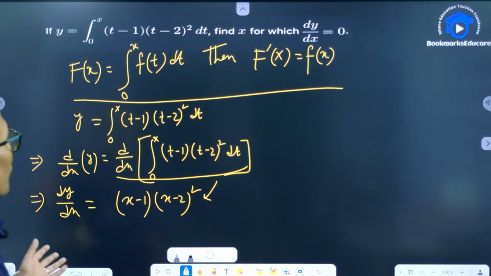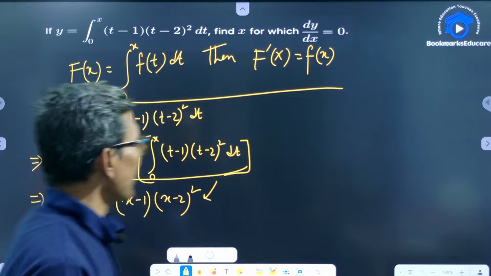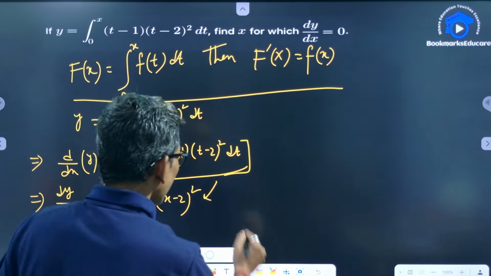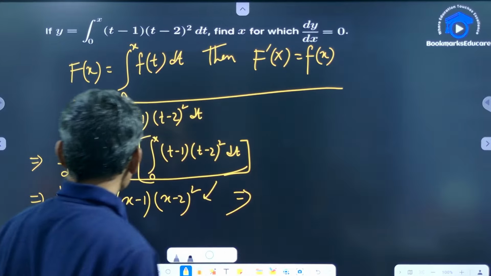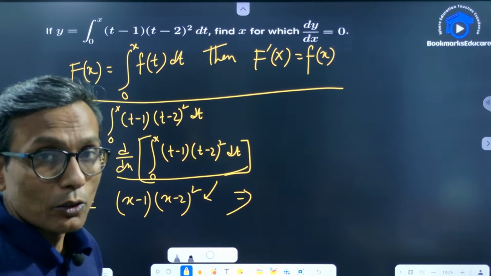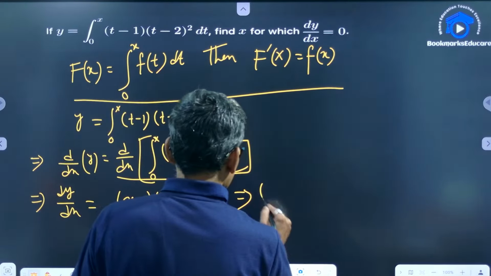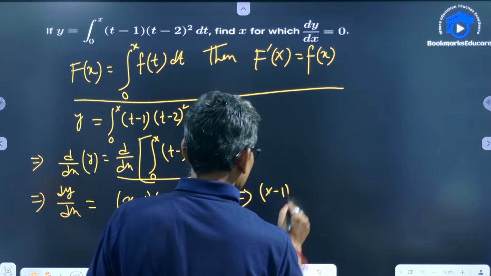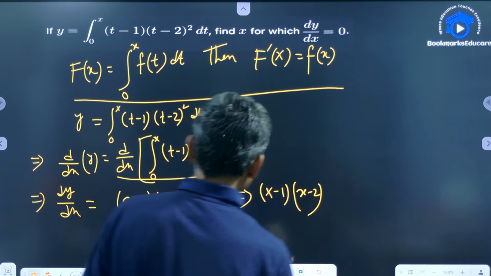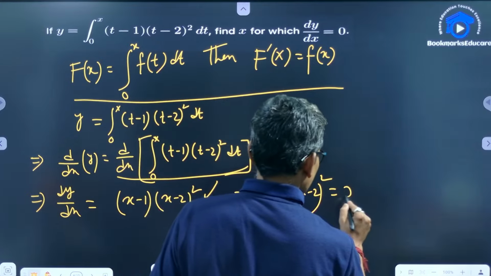So for which value of x will we get the value of dy by dx equal to 0? We have to put 0 instead of dy by dx so that we can get the value of x. So x minus 1 into x minus 2 whole square is equal to 0.